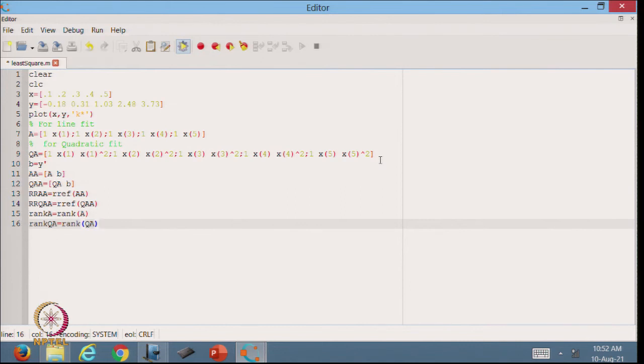Now, from there you will see that the rank will be different. So, this will be inconsistent.